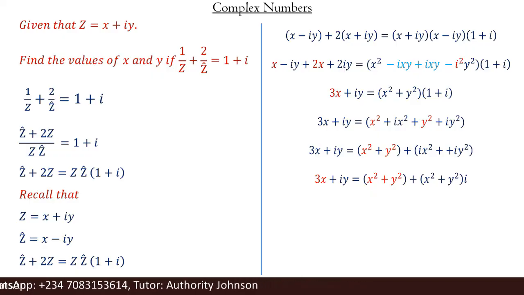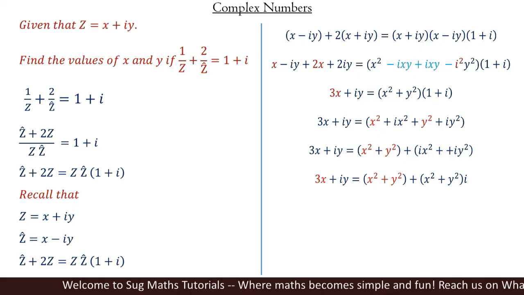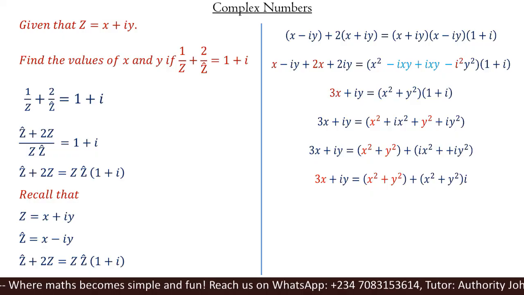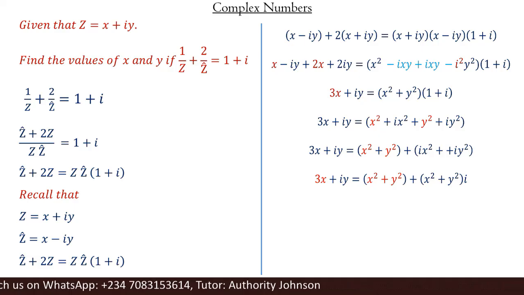Now let's go. From here, take a look at this. We have the left hand side and we have the right hand side. And we are saying that the left hand side is equal to the right hand side, meaning that the real part of the right hand side is equal to the real part of the left hand side, and the imaginary part of the left hand side is equal to the imaginary part of the right hand side. Are we together?